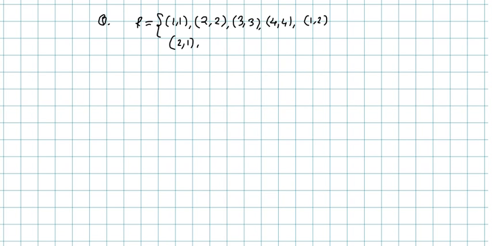If I give you this relation, let us take another example: R equals (1, 1), (2, 2), (3, 3), (4, 4), (1, 2), (2, 1), and (2, 3).